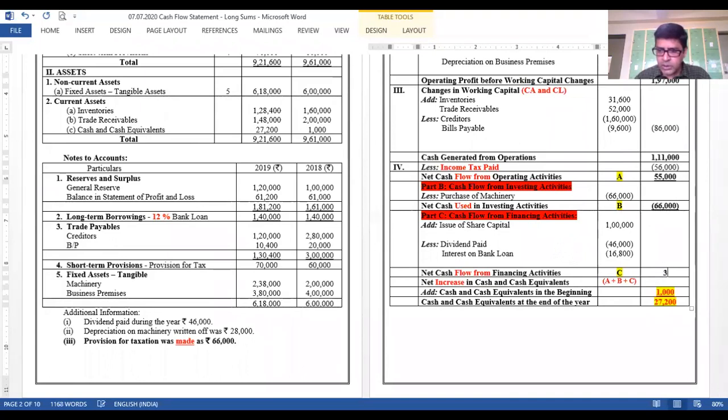I think that should be 37,200. Okay. Now tell me A plus B plus C. 55 plus 37,200. 26,200. Okay, that's fine. The 26,200 plus 1,000 will give us 27,200. That's fine, absolutely fine. So we are done with the sum.